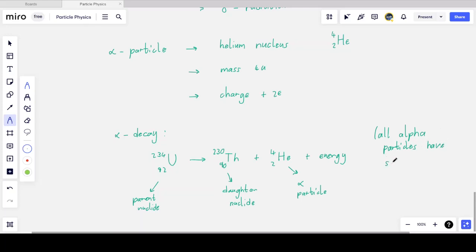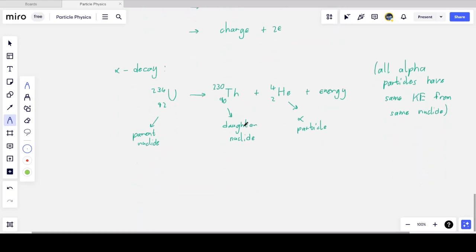So they have the same kinetic energy, provided the parent nuclide is the same. So if uranium-234 is constantly decaying, the helium particles that are produced will always have the same kinetic energy.